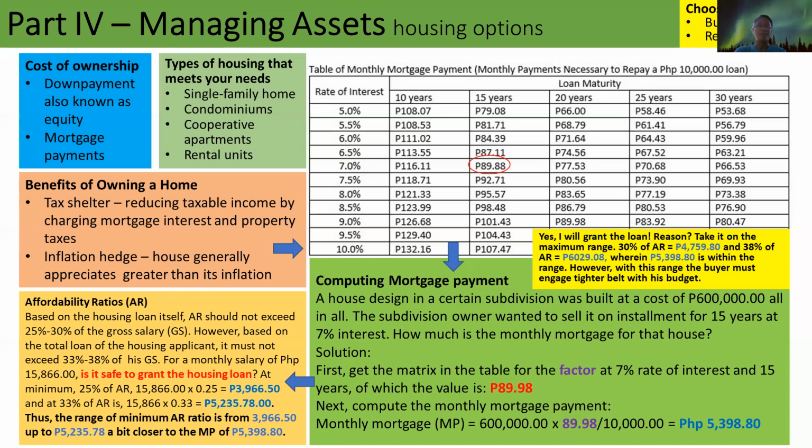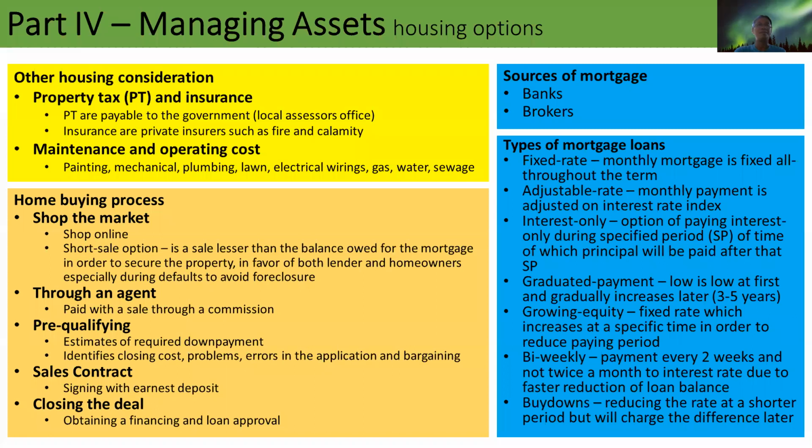Okay? Okay, next slide will be the other housing consideration. We have the property tax and insurance and maintaining and operating costs. Ano yung property tax? Yung bayaran mo sa local assessor's office, no? Yung tax. And then, anong insurance? Calamity insurance, fire insurance, just in case all those unexpected will happen, no?